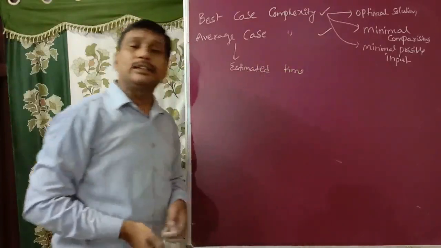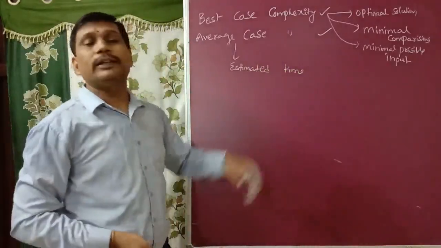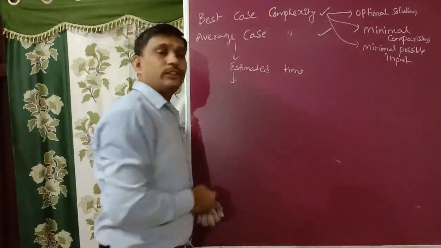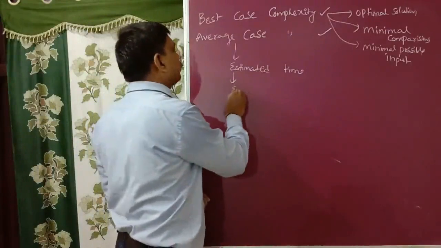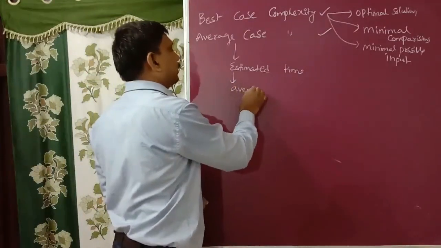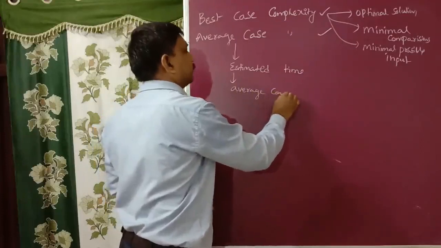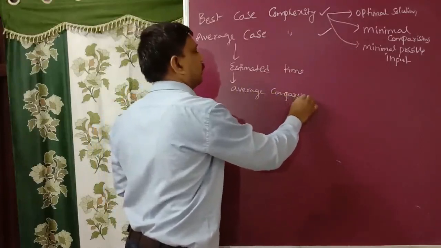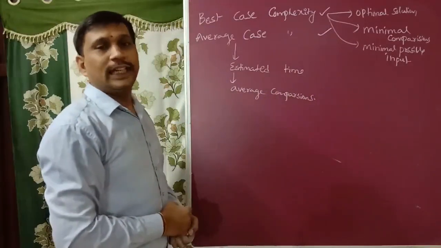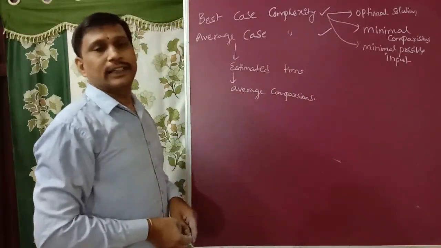First we calculate the estimated time, and it reaches that estimated time. So here it takes average comparisons, the average length of input, which is the average case.